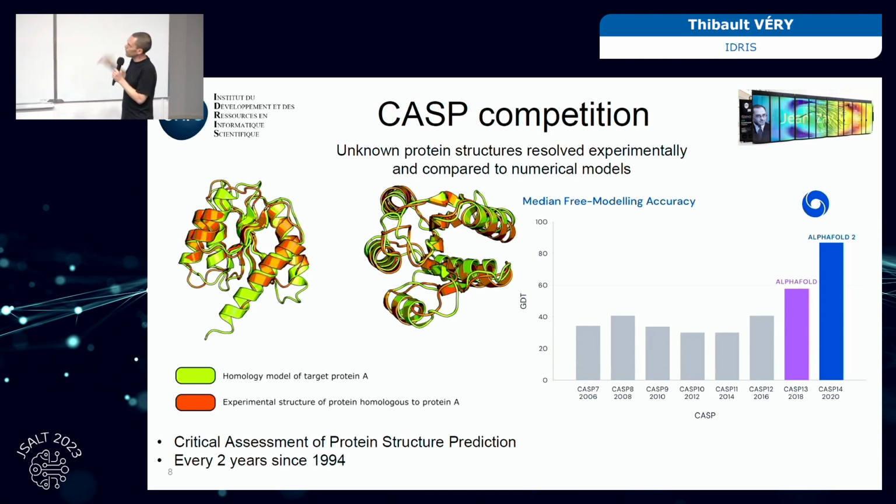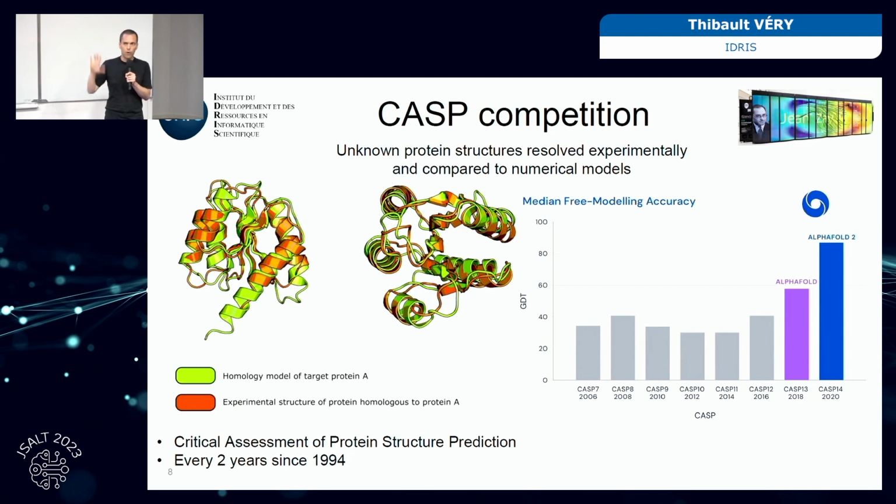And here is what happened since 2006. You see we have the GDT, that's the score. It means that the higher it is, the closer to the real structure we are for some proteins. And you see that from 2006 until 2016, the score was around 40.